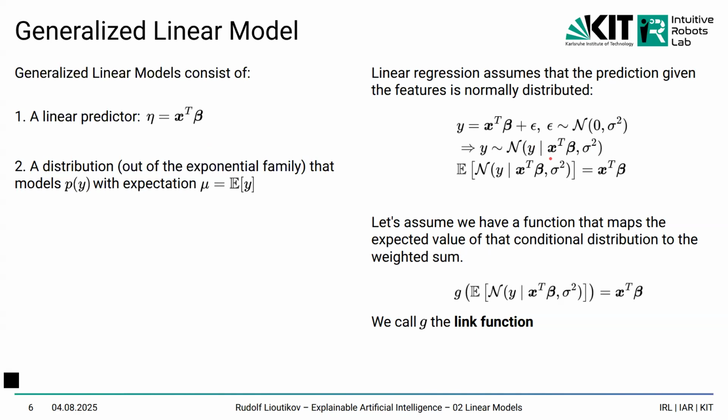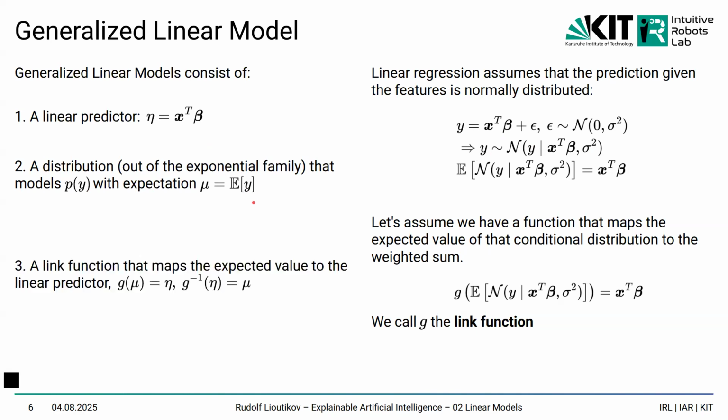Here, for instance, we have the Gaussian, with an expectation mu, which is just the expectation over our distribution. And as I already mentioned, we have this link function. The link function maps the mean to the linear predictor, and the inverse link function does the other way around, going from the linear predictor to the mean function.